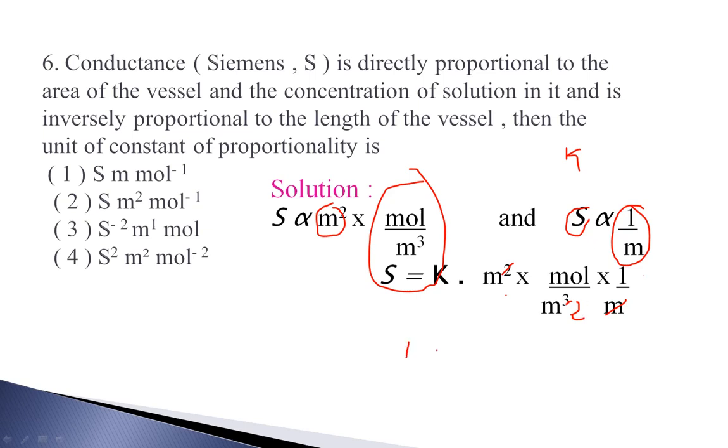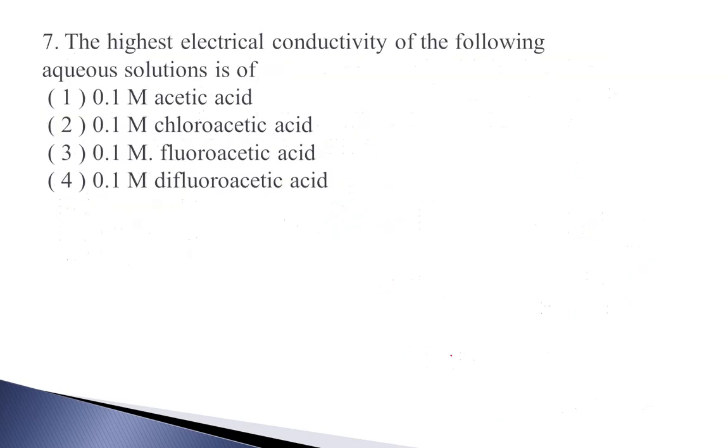The unit of the constant of proportionality k is Siemens meter square per mole. So option 2 is the correct answer.